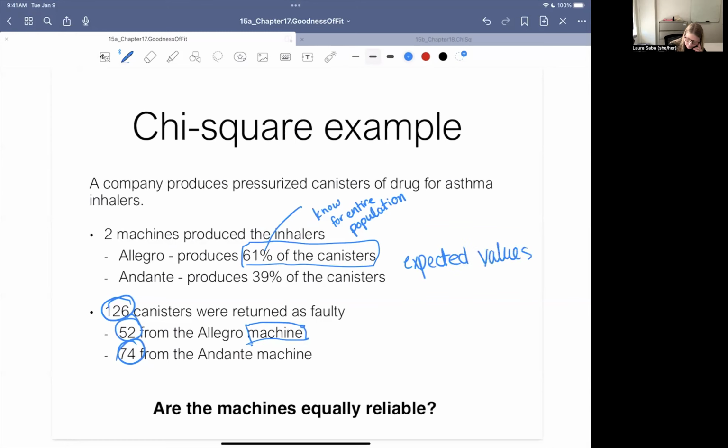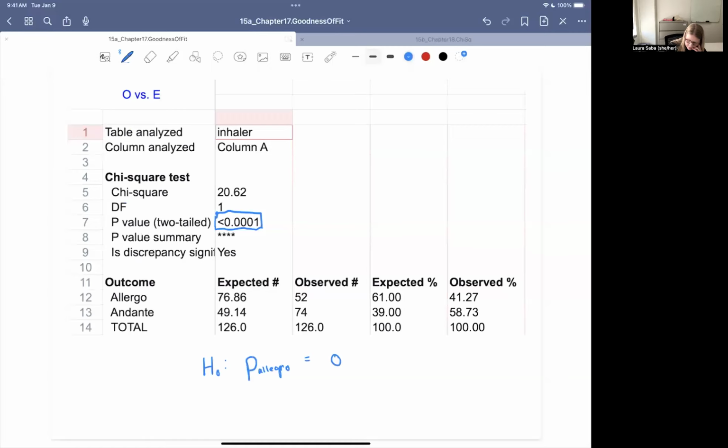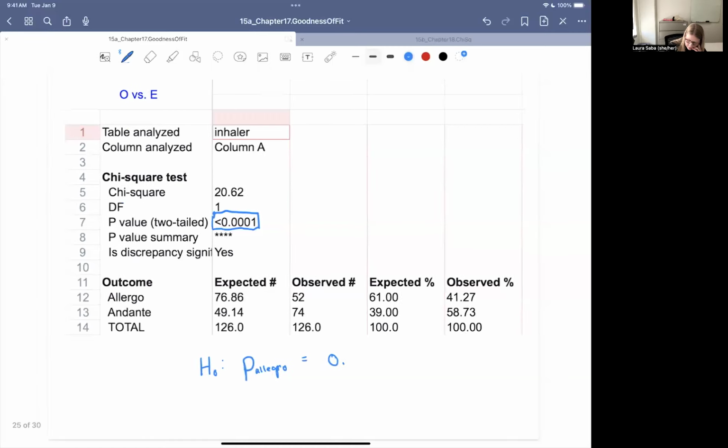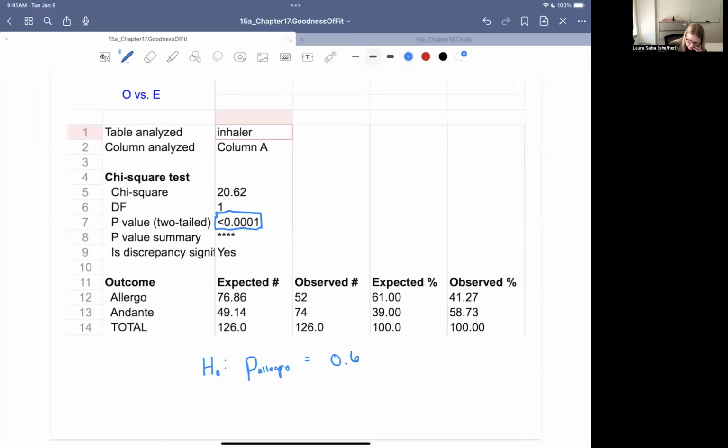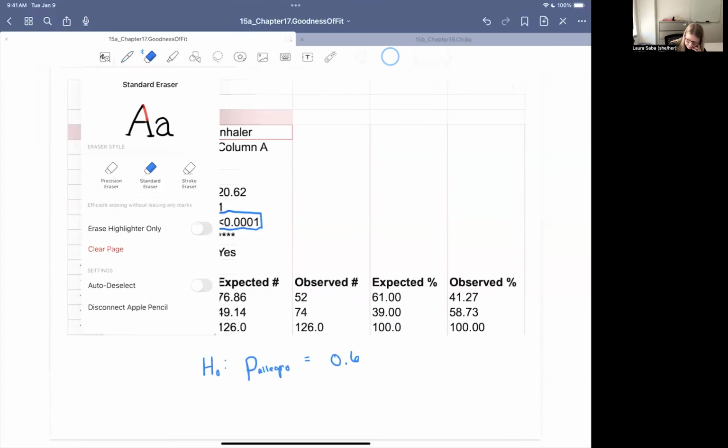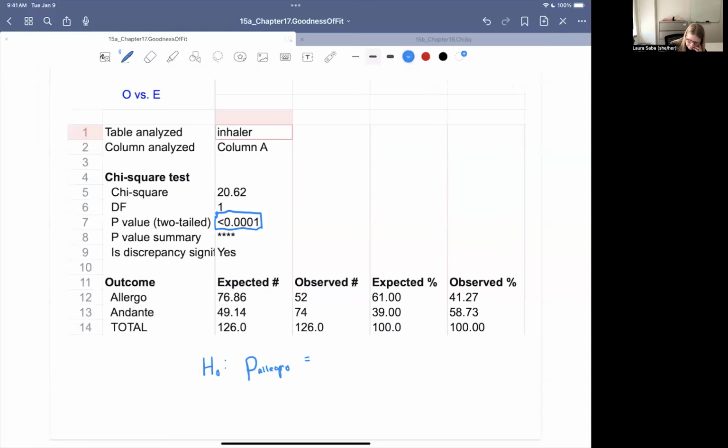And so what that does is give me a p-value. What this p-value is testing is my null hypothesis, that the p for Allegro is equal to 61%.